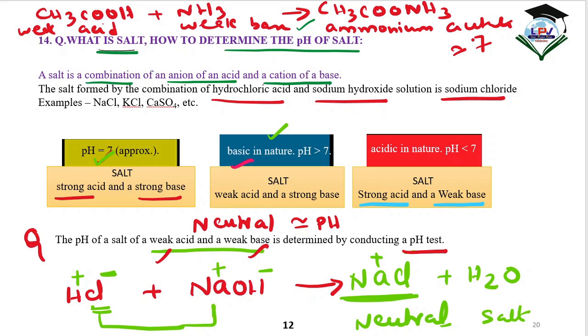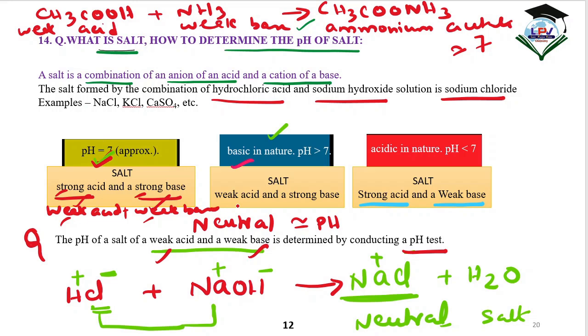Okay, students, now I hope that you have understood the salt's pH and how to determine it. We will repeat it again. If both are strong or both are weak, in that case the pH is 7.